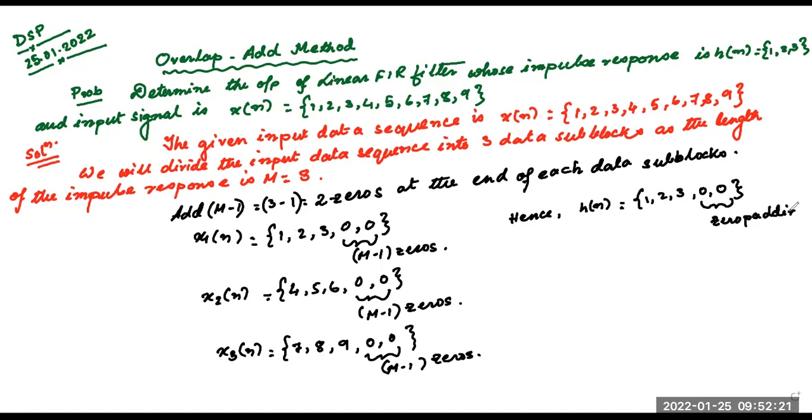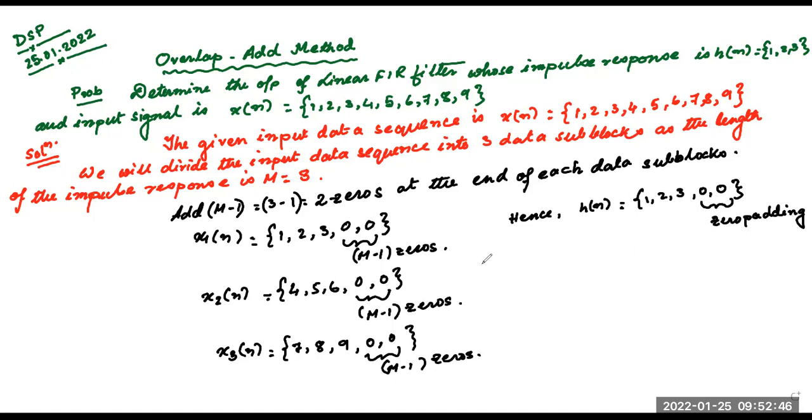What is zero padding? If anybody asks you, you will answer: during convolution, to match two sequences, if there is a mismatch, you add zeros at the end of the data blocks, and this process is called zero padding.